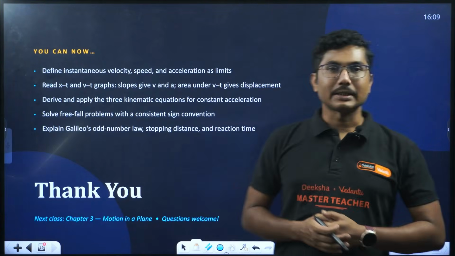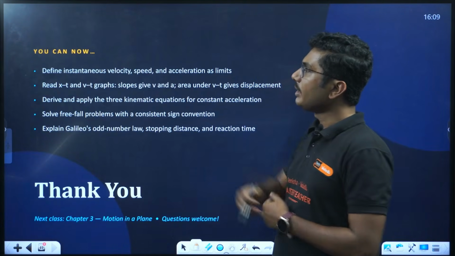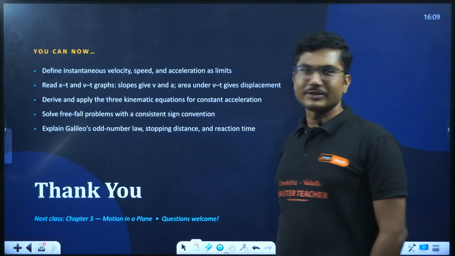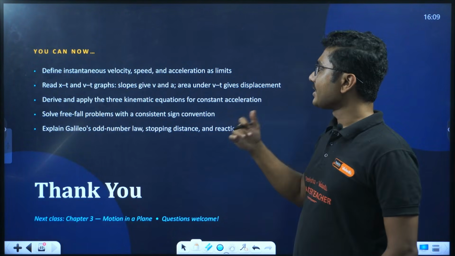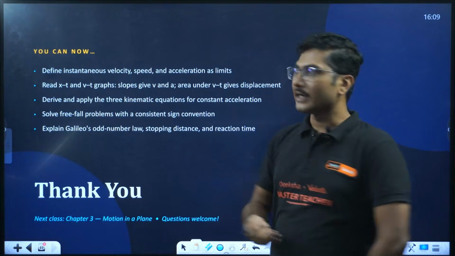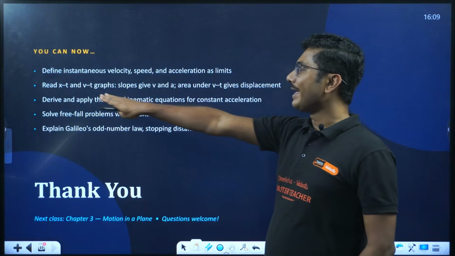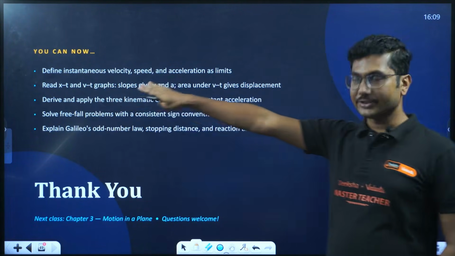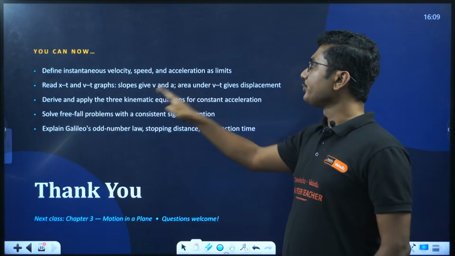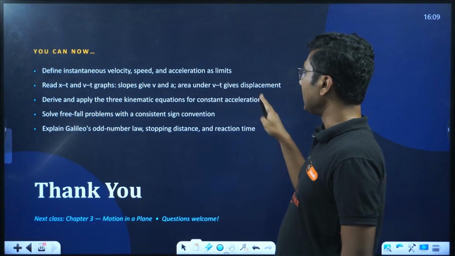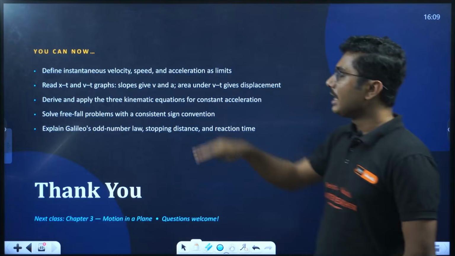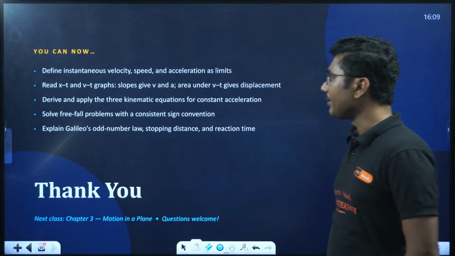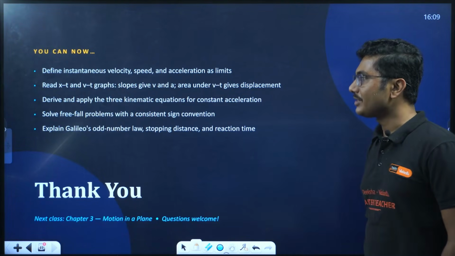Now let us summarize the chapter. Define instantaneous velocity, speed and acceleration as limits. So these are the things that we have learned. Read x versus t and v versus t graphs. Slopes give velocity and acceleration, area under v-t gives displacement. Derive and apply the 3 kinematic equations for constant acceleration.